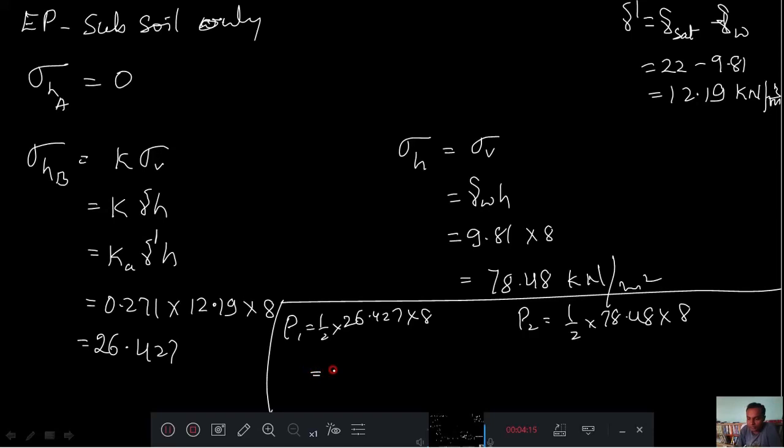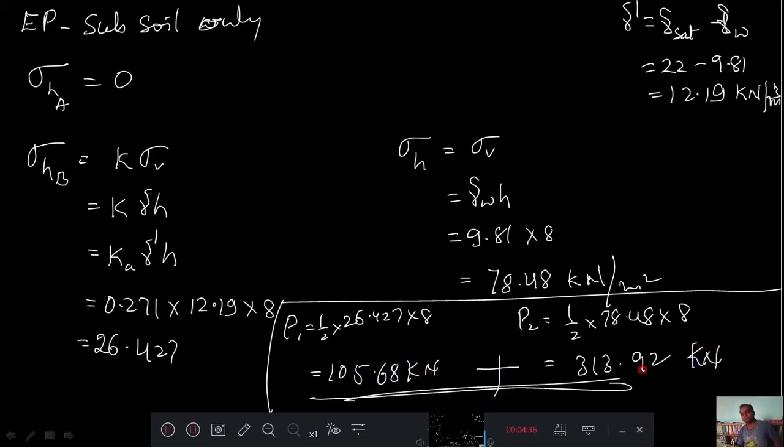Therefore, P2 equal to, first I will write this one, this is 313.92, and this is 26.42 into 8, that is 105.68 kilonewton. The total earth pressure will be plus of these two. Okay, and both are triangles, therefore H by 3 from the bottom.